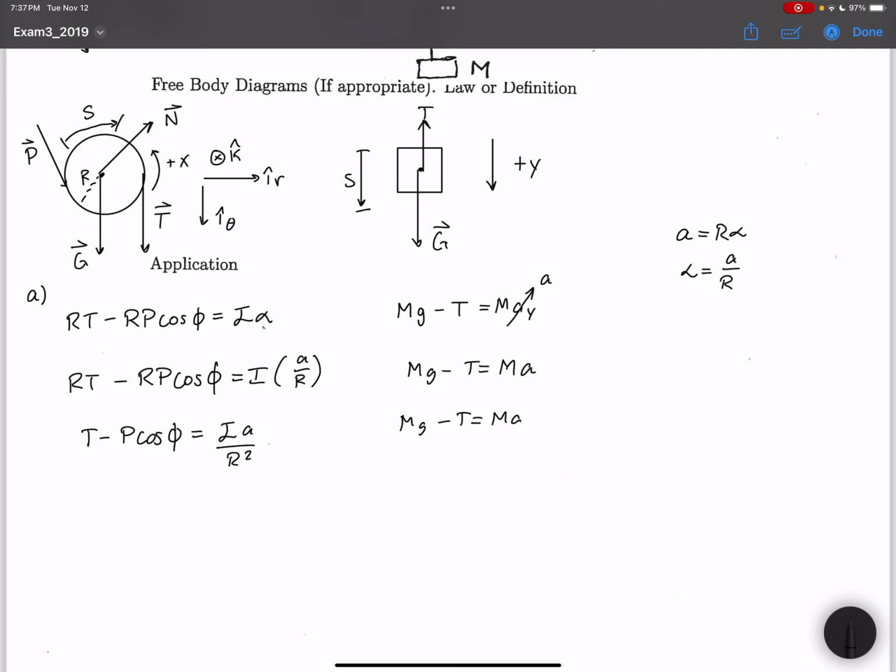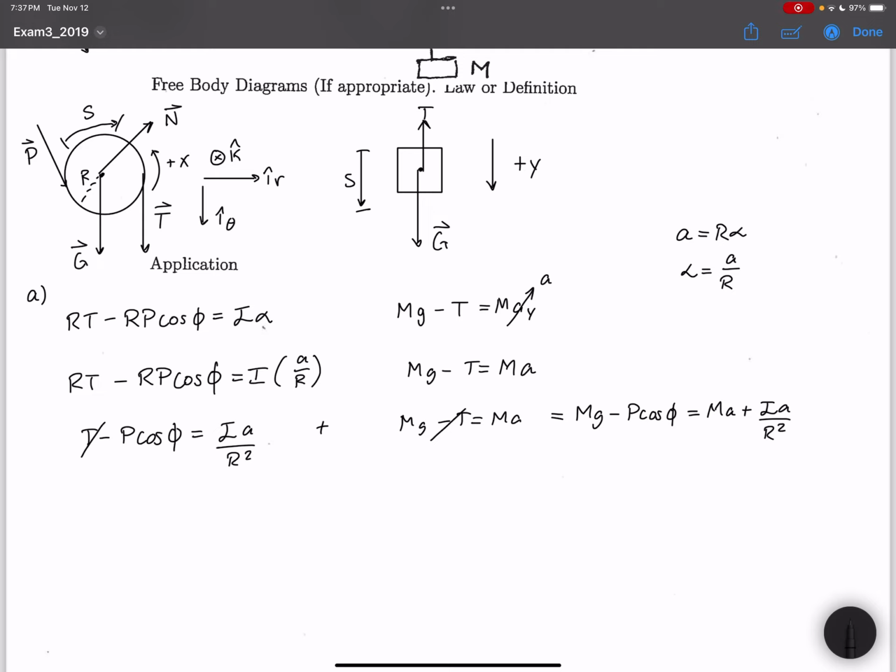So we can add them together. So we end up getting that the T's cancel out. And so we have mg minus P cosine of phi equals ma plus I, or inertia, a over r squared. Okay.